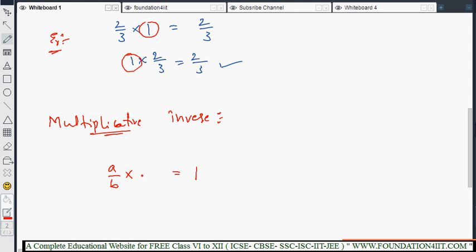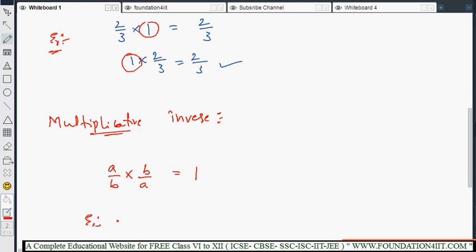So a by b into blank is equal to 1. That is nothing but b by a. So reciprocal. Every non-zero rational number a by b has a multiplicative inverse, also called the reciprocal, that is b by a in the set of rational numbers. So the reciprocal itself is the multiplicative inverse.